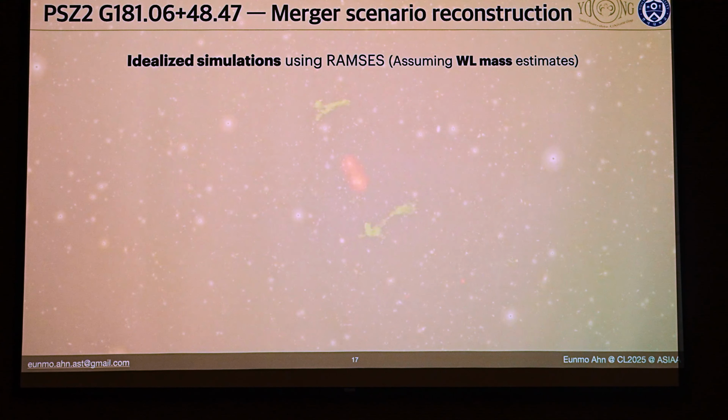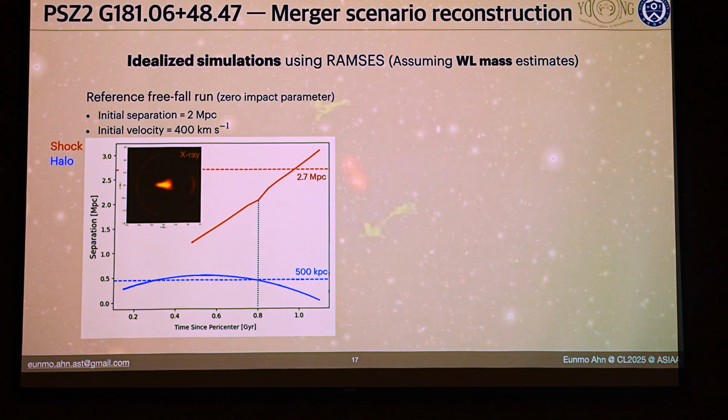Okay, so we ran the idealized simulation using the Mantis code, of course assuming the weak lensing mass estimates. This figure shows the reference free-fall line with zero input parameters. In this figure, the x-axis shows the time since the pericenter passage, and the y-axis shows separation; the blue line is for the halo separation, and the red line is for the shock separation.